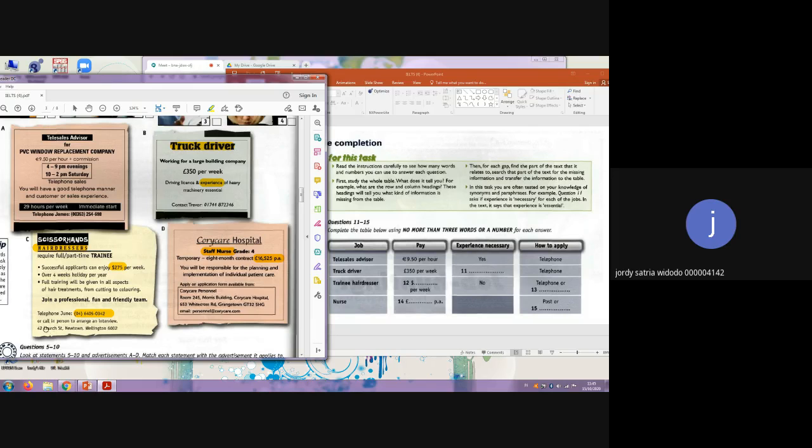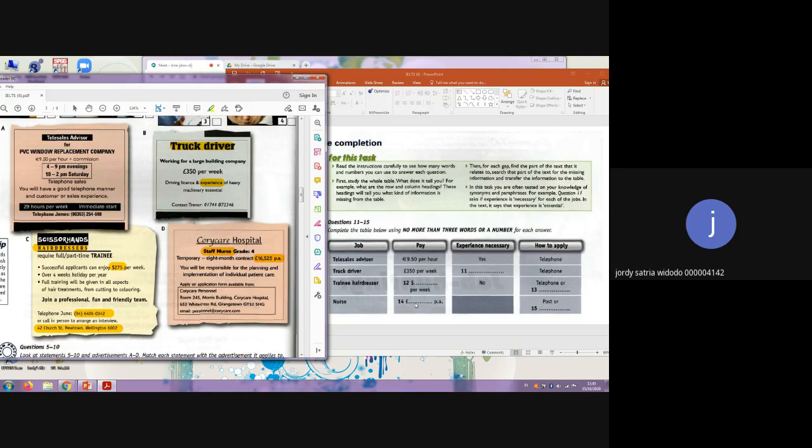Yes, or you can go directly to the address, go to the office. Okay, go to the office. Number 13, for example.